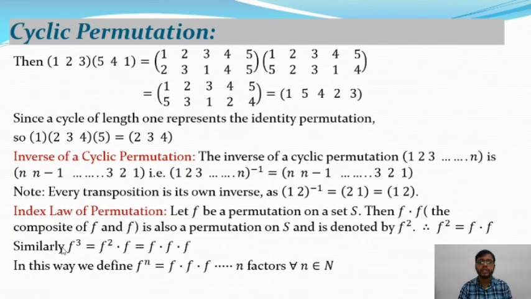So f to the power 3 can be written as f∘f∘f. Okay, so in this way we define f to the power n also, and it is equal to f∘f∘f up to n factors for all n belonging to N. This is called the index law of permutation.